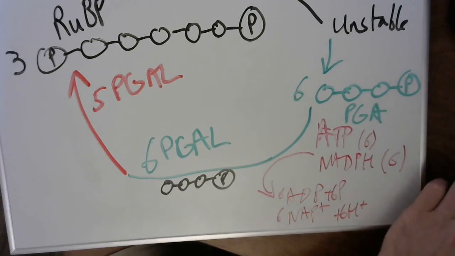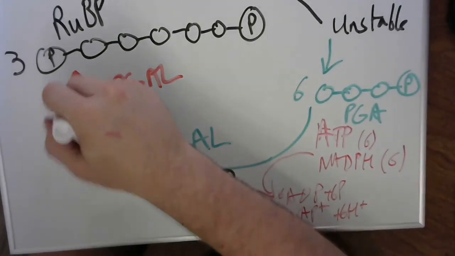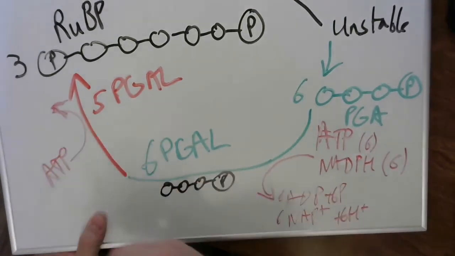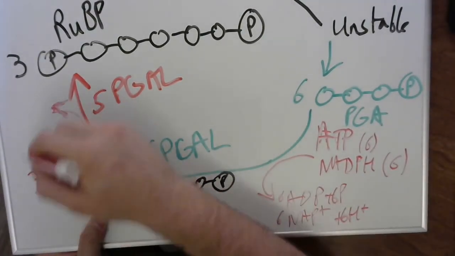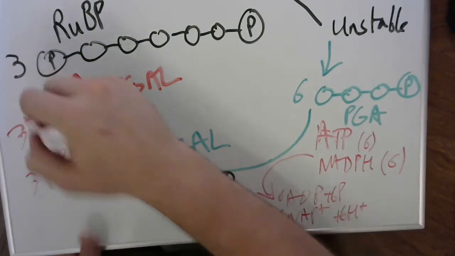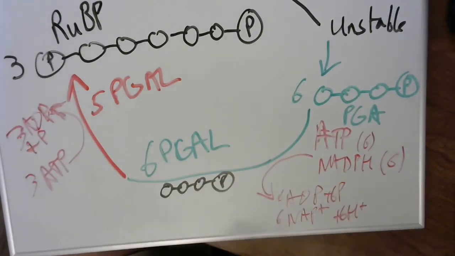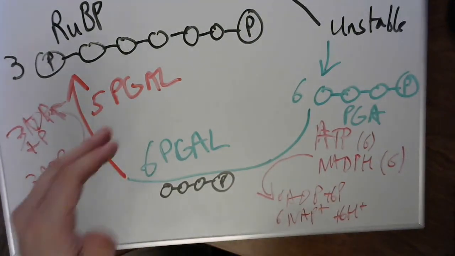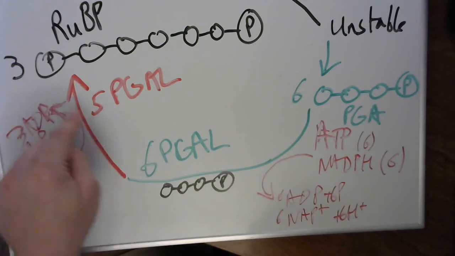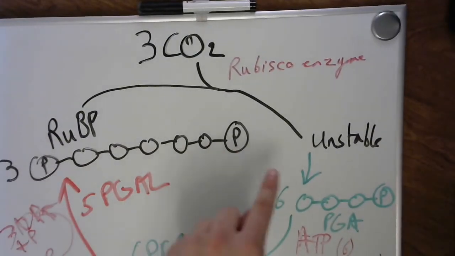It doesn't actually come from the light reaction. I think it's 3 that you need, plus P. So you use some energy to remake RuBP, but you only need 5 PGAL to get the RuBP back to start over your cycle again.